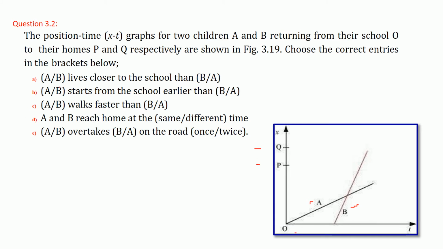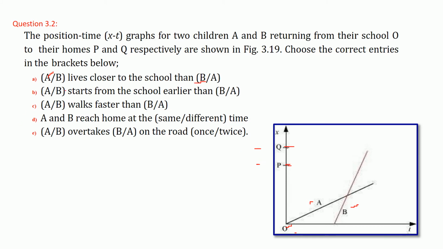The first is, A lives closer to the school than B. A has to go to P, so A is closer to O than B, because OP is less than OQ. He has to go up to this distance only, so we can say that A lives closer than B.